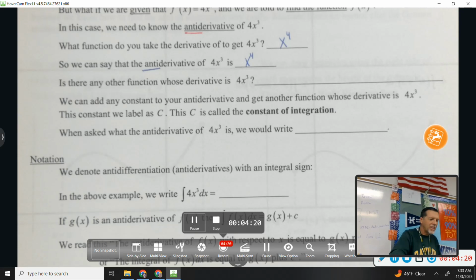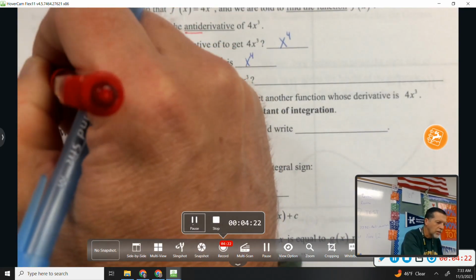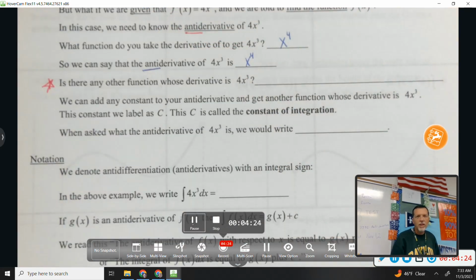Now, this next line is super important, and it's part of what makes going backwards different, trickier. Are there any other functions whose derivative is 4x cubed? And the answer is yes, and they're all similar. And it has to do with what function has a derivative of 0?